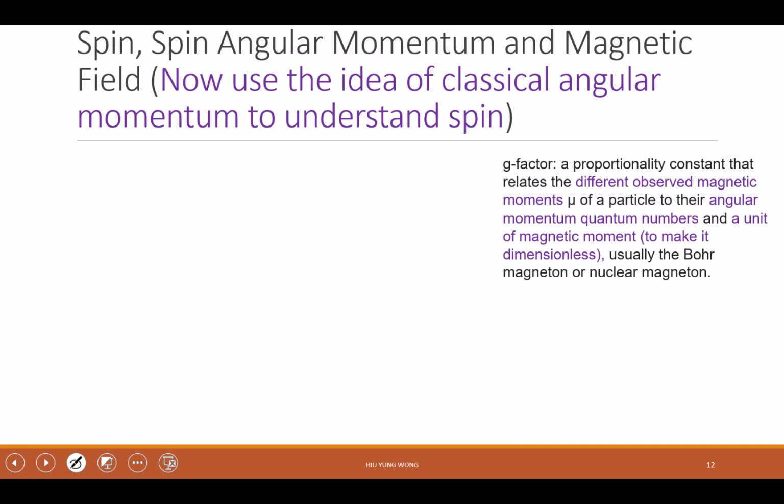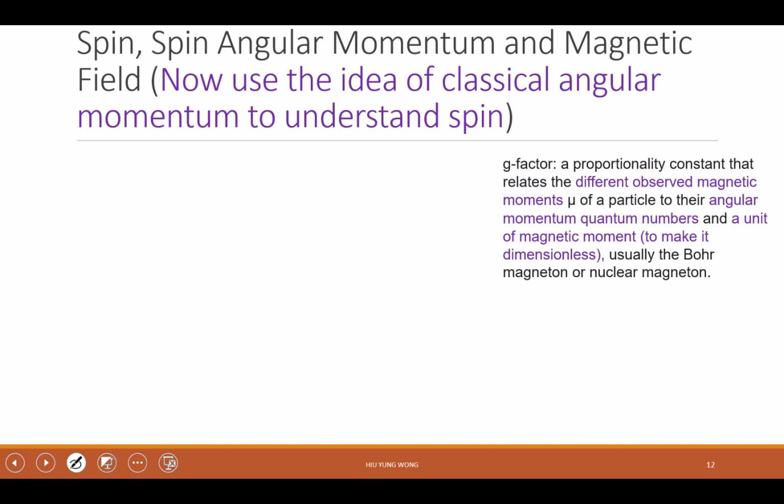Why I say this is because I want to explain what spin is. Spin, while the name sounds familiar, is not really a spin. When I say the spin of an electron, it doesn't mean the electron is spinning like the Earth, because the electron is a point charge.